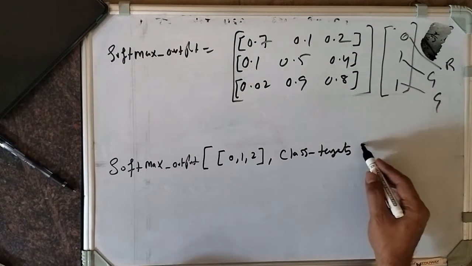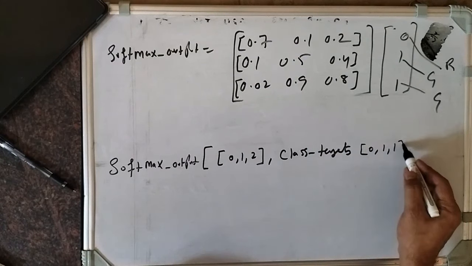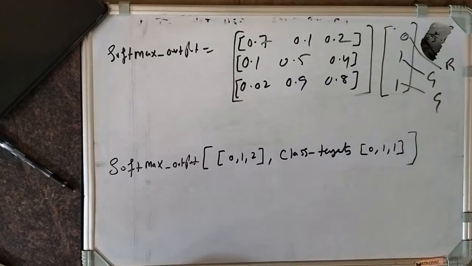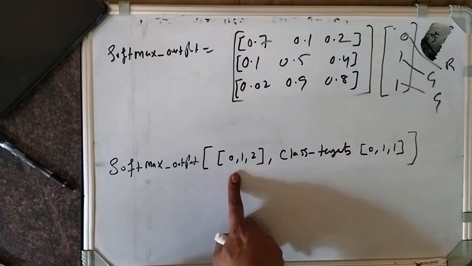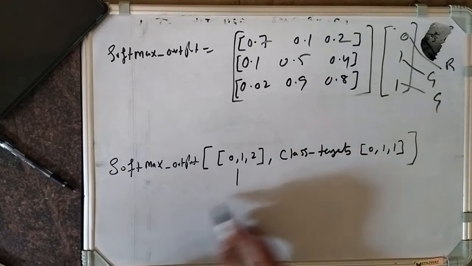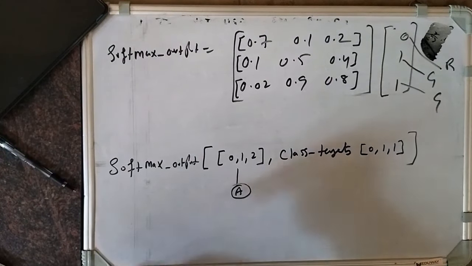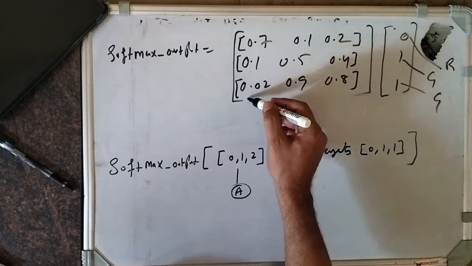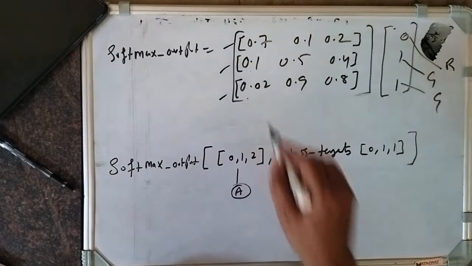What am I writing? 0 1 and 1. I am writing this line in my code. What is the meaning of this 0 1 2 in my matrix? The rows are 0, 1 and 2.